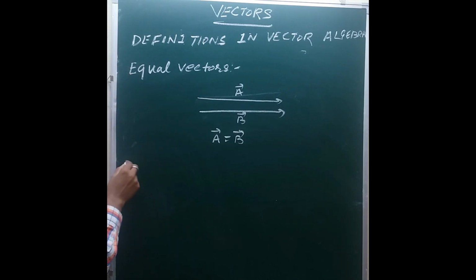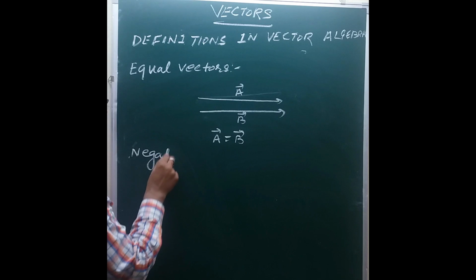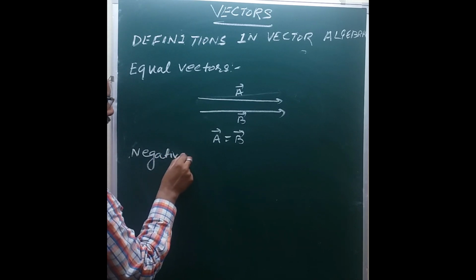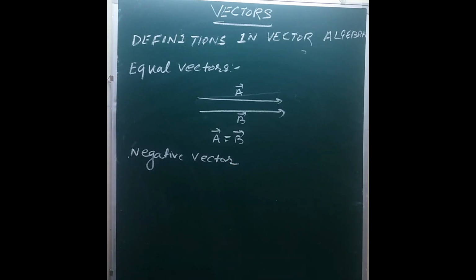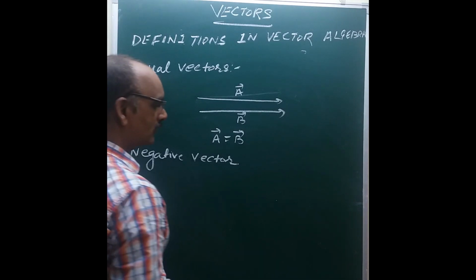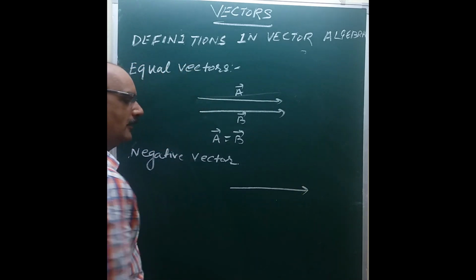Next one is negative vector. The negative vector of a given vector is that vector whose magnitude is the same but direction is opposite.